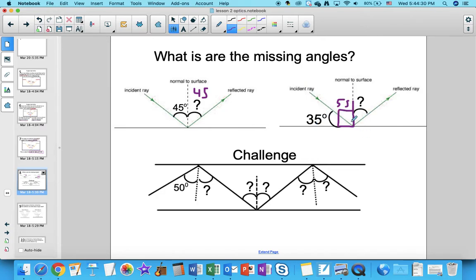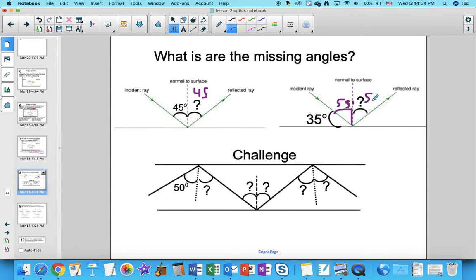So the angle of incidence should be 55. Well, according to the law of reflection, the angle of incidence must equal the angle of reflection.